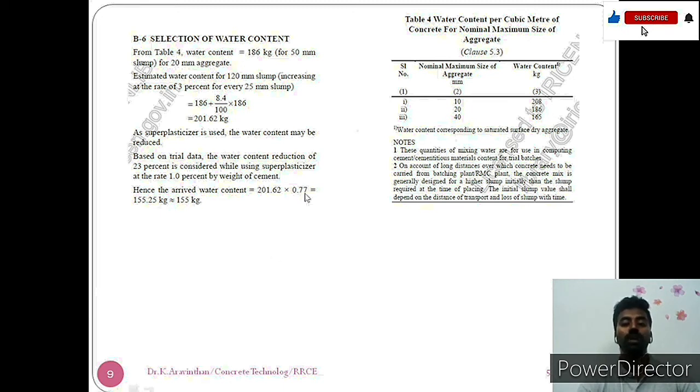If we multiply 0.77 by 201.62, that is the required water content. Hence we will get 155.25, which we can approximately take as 155 kg. Note that 201 kg of water is required here, but due to the introduction of superplasticizers, we conclude that 155 kg of water is enough, and we will be using 1% of superplasticizer.